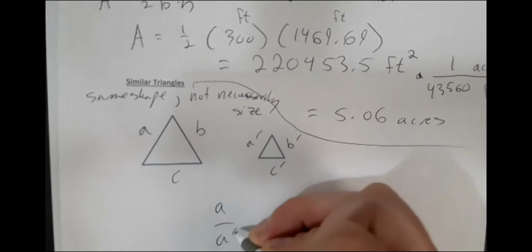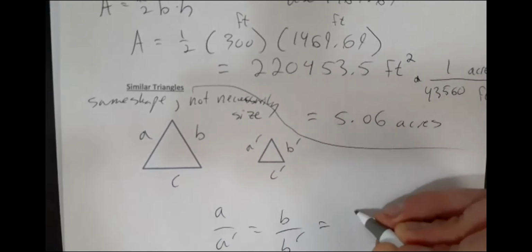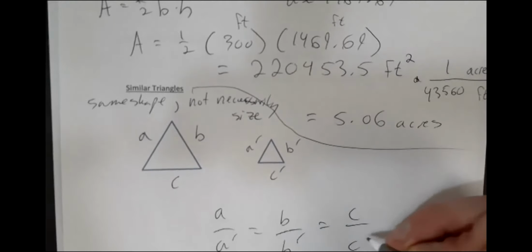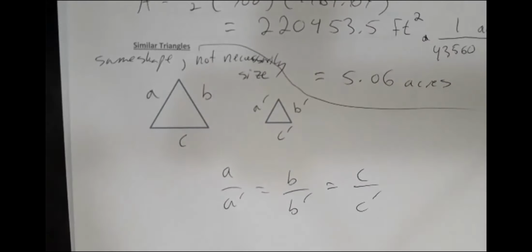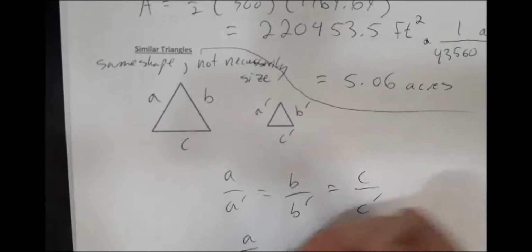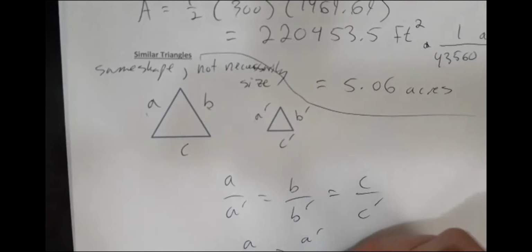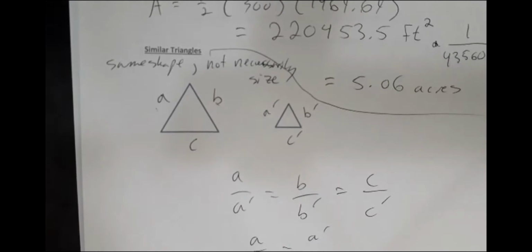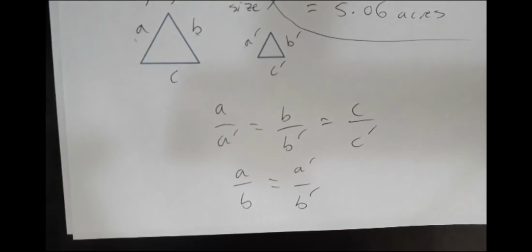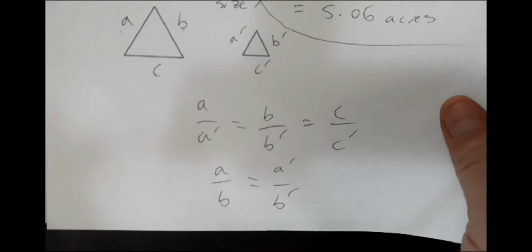A to A prime is B to B prime is one way that we can write this. Another way is people like to go A to B. This is also another way. If we go from here to here, we can also go from here to here. So there are a few ways to write these equivalent ratios between these two things.